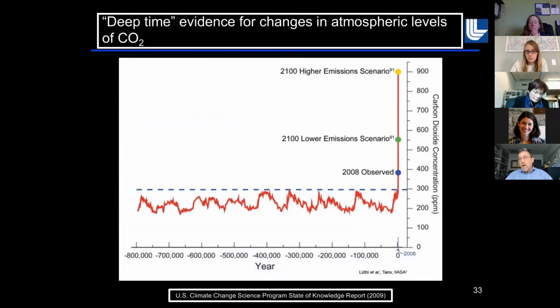On ice age timescales, levels of CO2 vary from about 180 to about 280 parts per million. Where we are now, over 400 parts per million CO2 in the atmosphere, is uncharted territory, at least in the last 1 million years, and probably much longer than that.